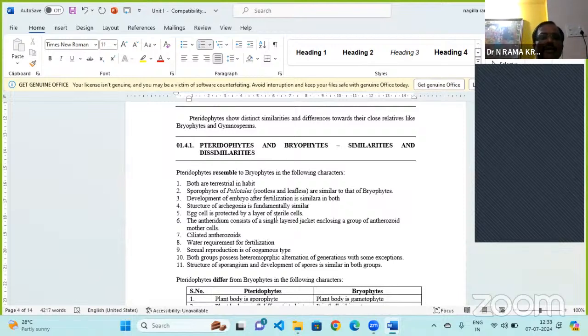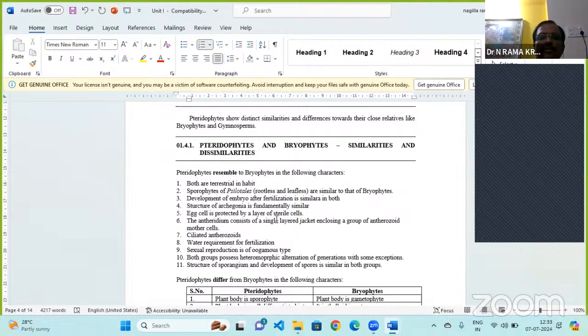Next, the antherozoids are ciliated here also. So water is most important when these plants go for reproduction. If there is no water, these plants will not reproduce. Pteridophytes are also the same.